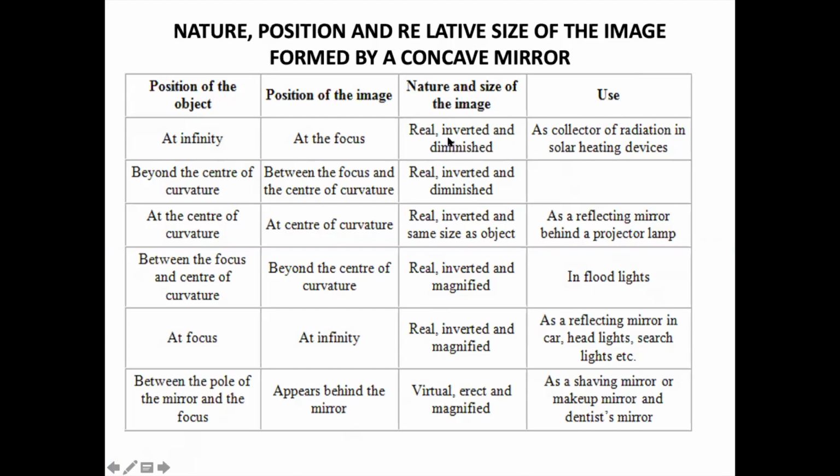And as you bring the object closer and closer, the image size increases. It was point-like, it increased a little bit more, then it became equal to the object, it magnified, and it was highly magnified again. Okay, and that is how you're going to learn.